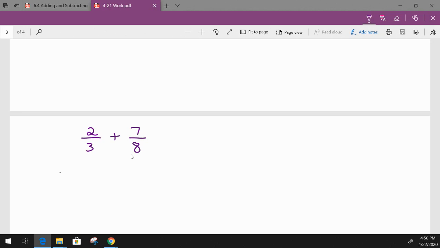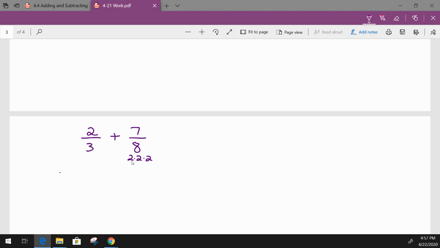So what I mean is if you did factor 8 into its prime factors, it would factor into 2 times 2 times 2, and 3 is a prime number, so that wouldn't be factored any further. So if you notice, neither one of the denominators have any common factors.